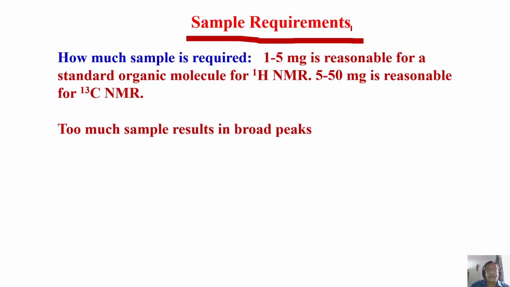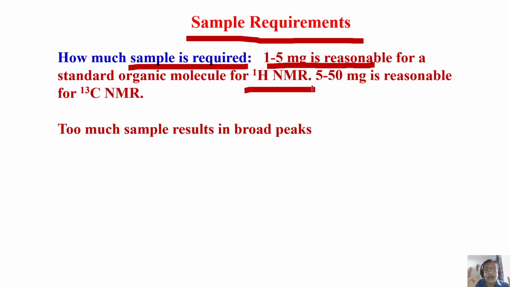First thing, what are the requirements for the samples? We need to know how to prepare the sample, what quantity of the sample we require, etc. First, as far as the sample quantity requirement is concerned, approximately 1 to 5 milligram is reasonable for a small organic molecule, especially for proton NMR.